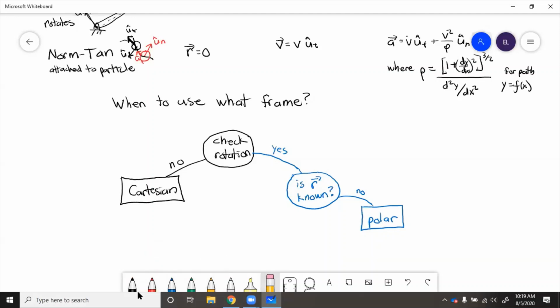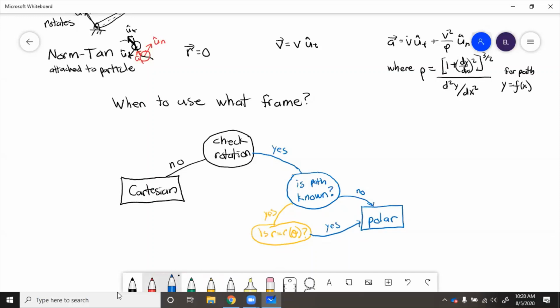Sorry, I guess this really should be is path known. So if the path is known, then you check, is R a function of theta? If yes, we use polar.